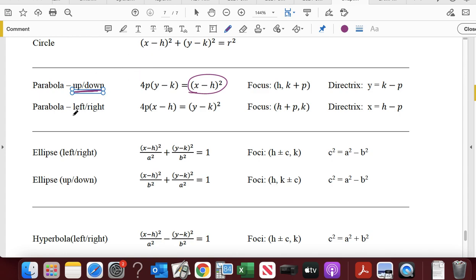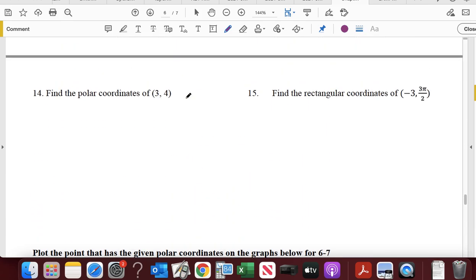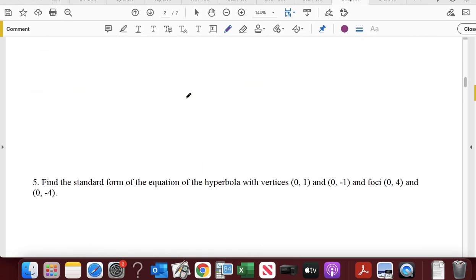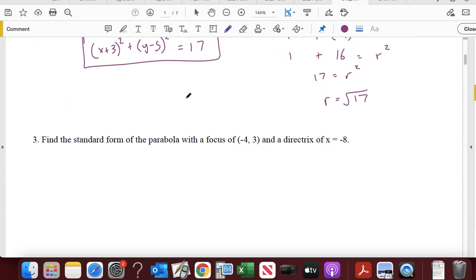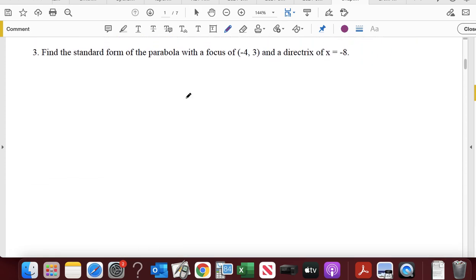And then if we had a left-right version of the parabola, that would just mean y was squared. So we look at these two equations, and we basically just need to figure out where we're at here.